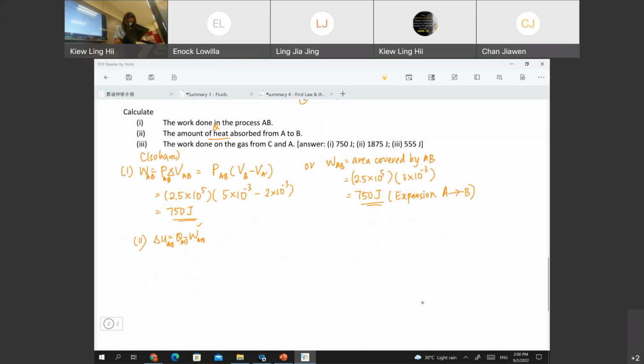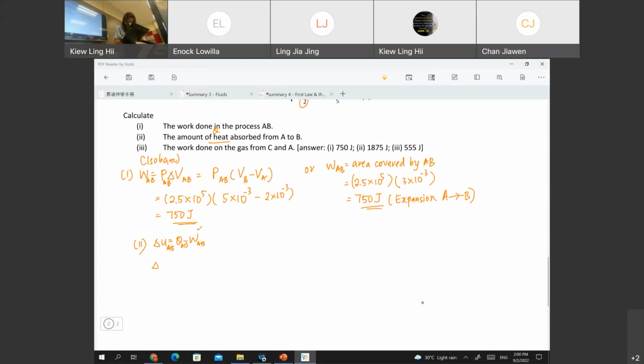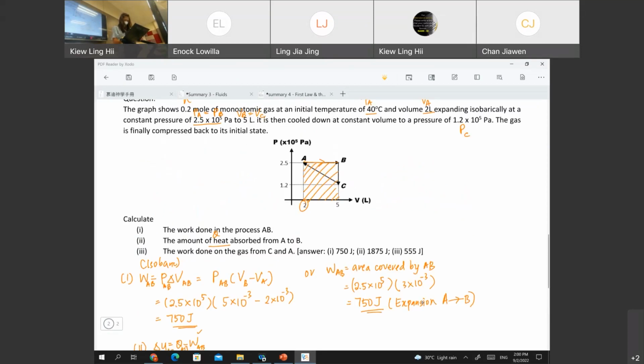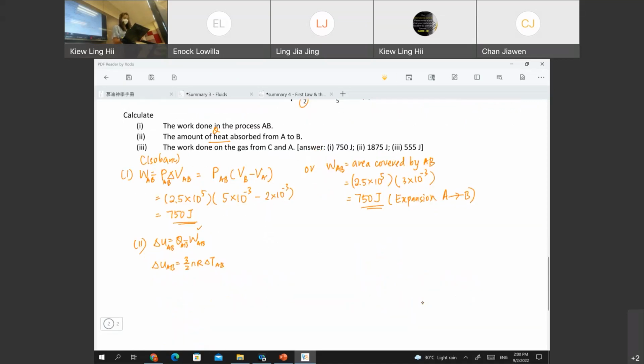So delta U from A to B equals 3 over 2 nR delta T. In this case, since temperature is not given, we use PV.